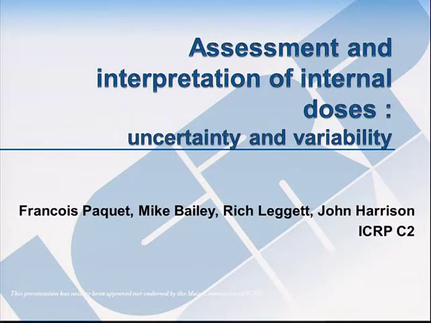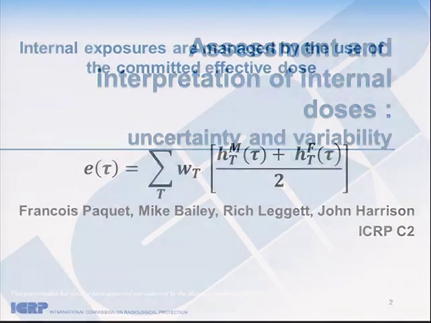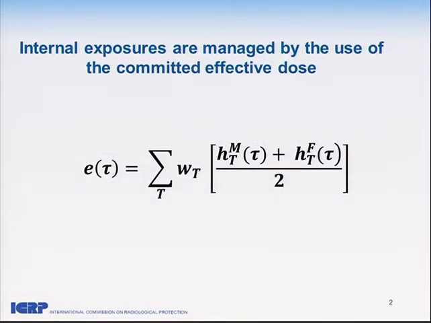But when I'm talking about internal dosimetry here, I am referring to the dose which is delivered after intake of radionuclides, after either inhalation or ingestion of radionuclides. So you already know that the exposure to radioactivity is managed by the use of effective dose.